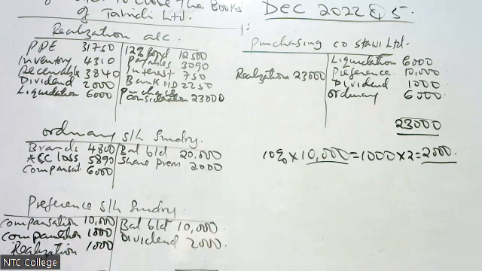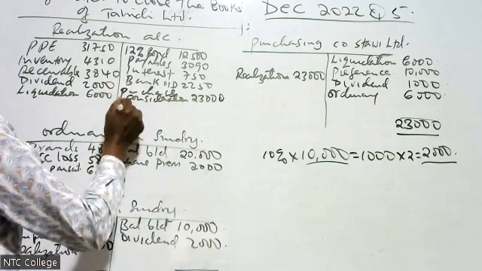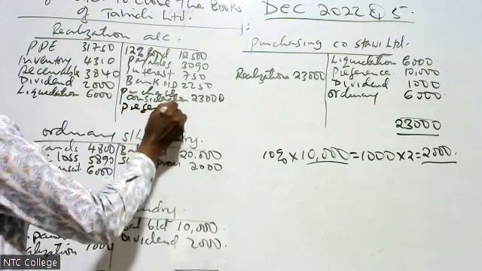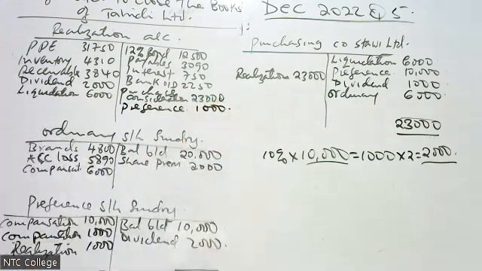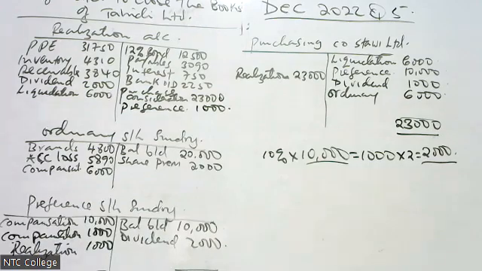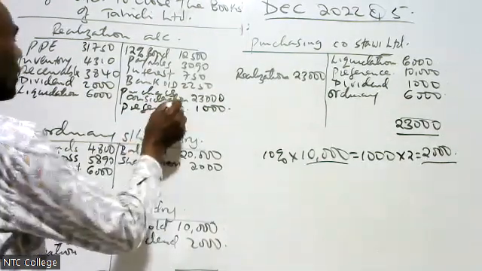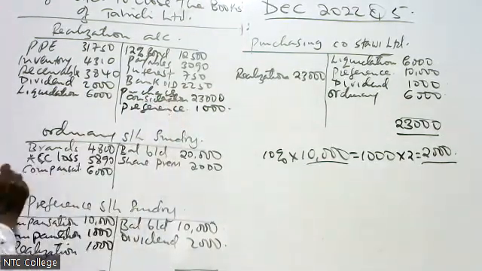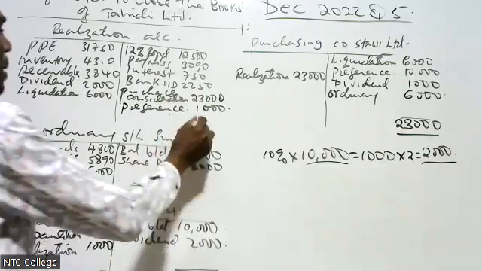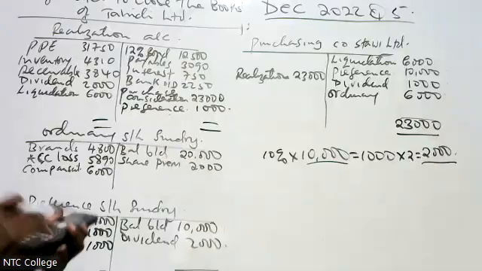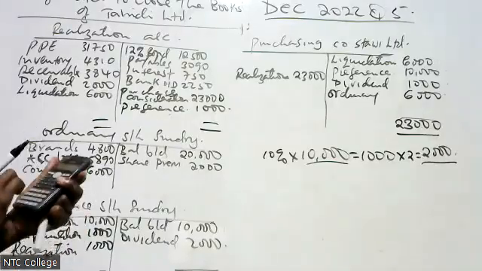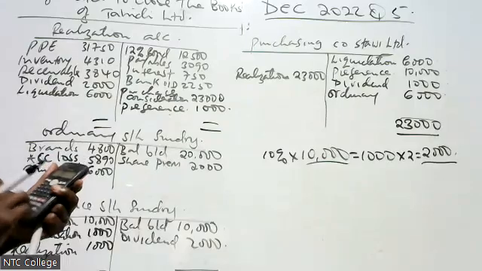The balancing figure is 1,000 in the preference. I say preference, 1,000, and close it there. Then the balancing figure on preference, I close it to ordinary. Let me quickly balance this account. That is 12,500.